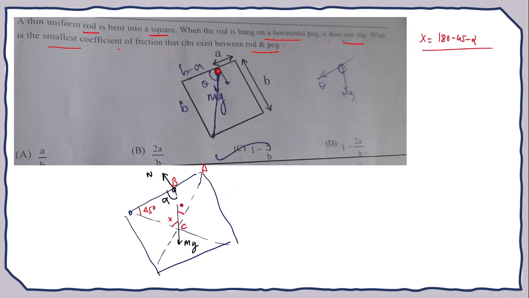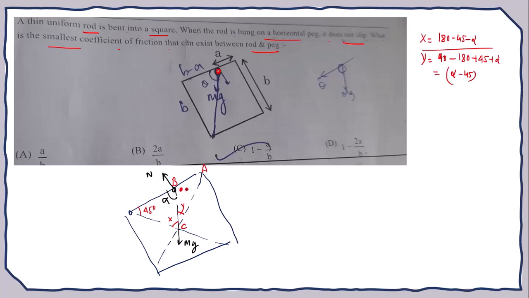Corresponding to that, let us say this is the y angle. Now what is the y angle? y should be equal to 90 minus x. So 90 minus 180 plus 45 plus alpha. 90 minus 180 is minus 90, minus 90 plus 45 means minus 45. So it becomes alpha minus 45 degrees. And what about this angle?